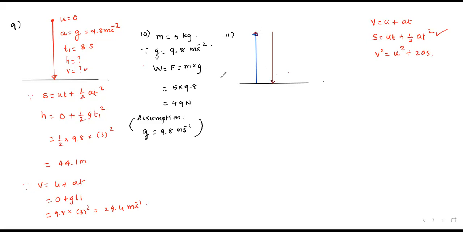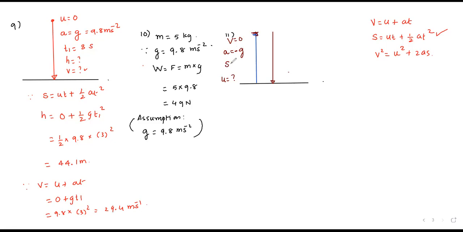So right here, U is question mark, right? First here, final velocity is equal to 0 because body will go here, it will stop. The final velocity is 0. A is equal to minus G, against gravity.